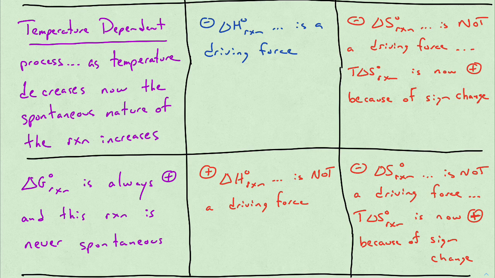And the last example here, now we're going to change delta H back. Delta H will be a positive sign now. And so that's going back to the first part of the table where this is not a driving force because of its endothermic nature. And then if we keep our entropy the same, we find the same ideas above.